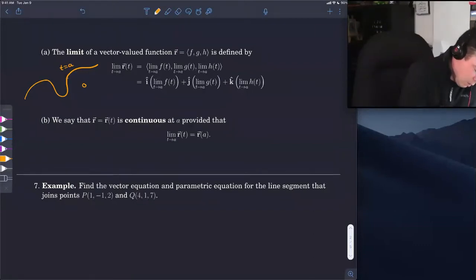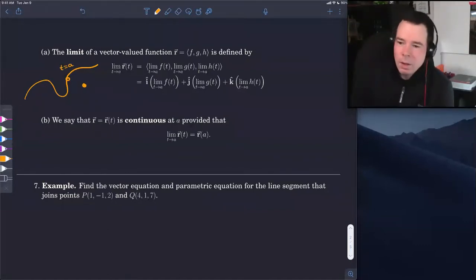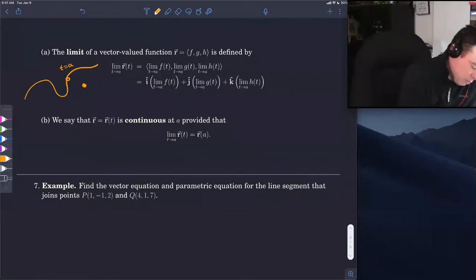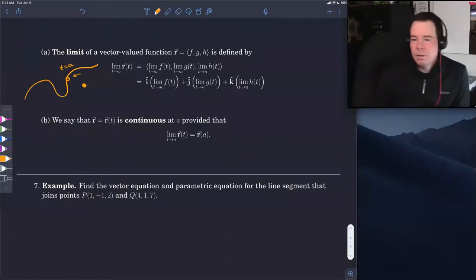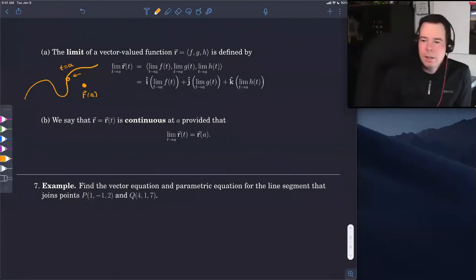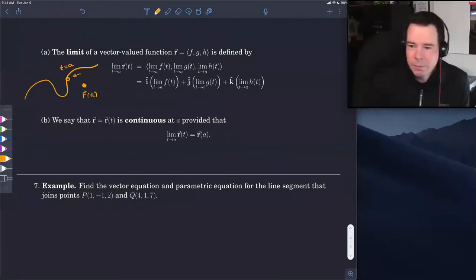So we've got a hole in our graph, but it's filled in somewhere else. If you think about this, it's like our particle is moving along, and then at an instant in time it's beamed to another location. And then after that instant in time has passed, it's beamed back to our current location and continues on. We'd like to know, what is the value of this hole here? That would be computed by taking a limit as t goes to a. So this would be our r of a value, and this would be the hole occurring where t is equal to a.